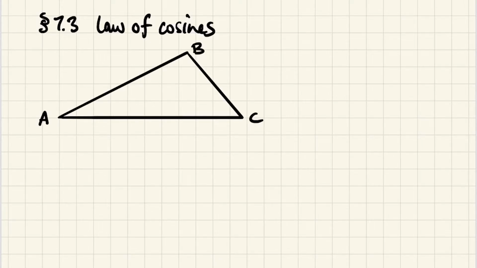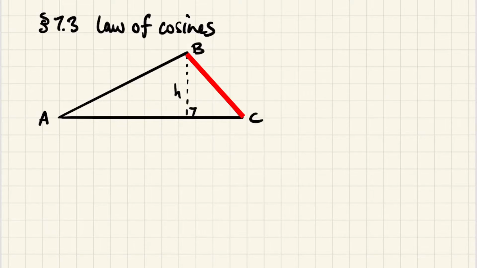Just like we did with the law of sines, let's suppose we have a generic triangle ABC, and let's draw an altitude here, and we'll call it H, as we did before. Now we have 2 independent right triangles, and let's use a little bit of trigonometry from right triangles to establish some basic facts here. But before we do that, let's quickly label some sides.